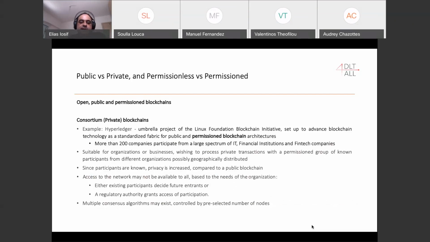Hyperledger is a family of projects hosted by the Linux Foundation Blockchain Initiative.